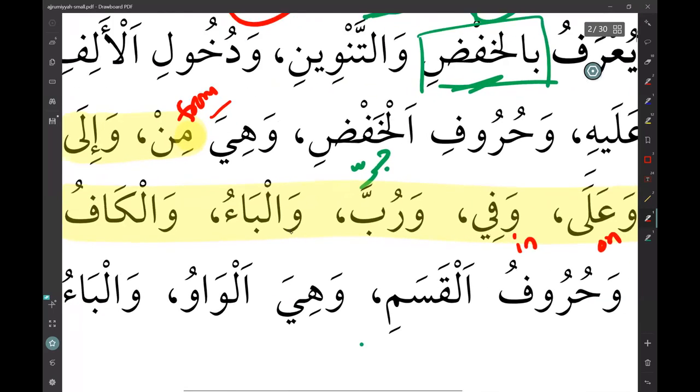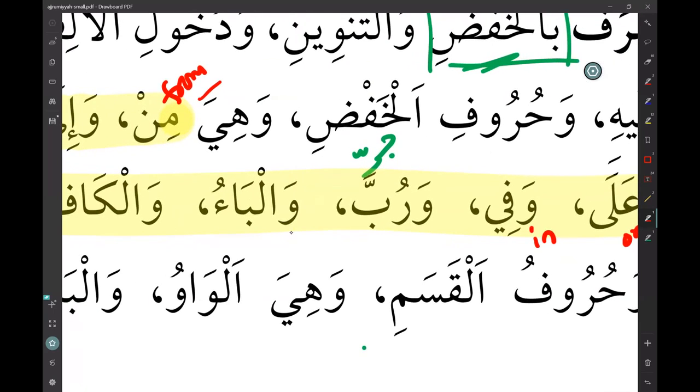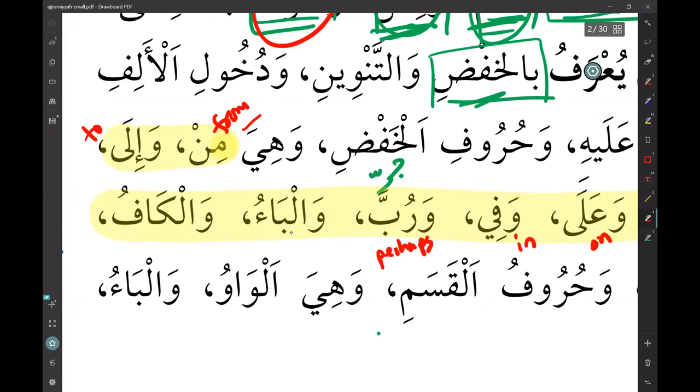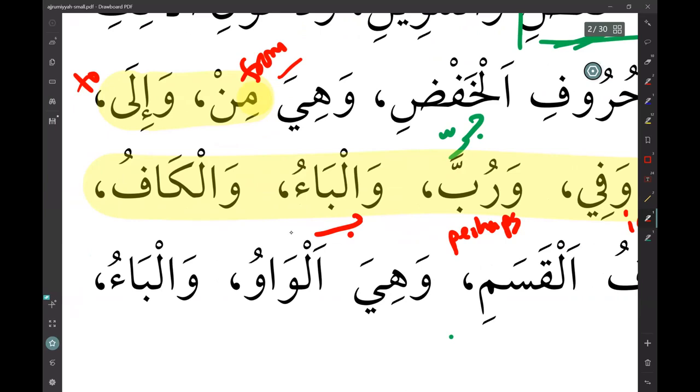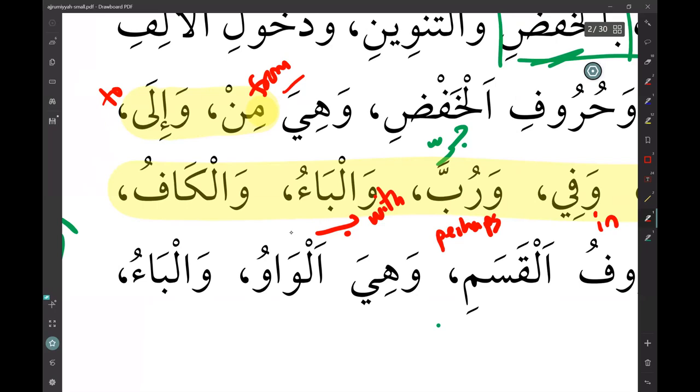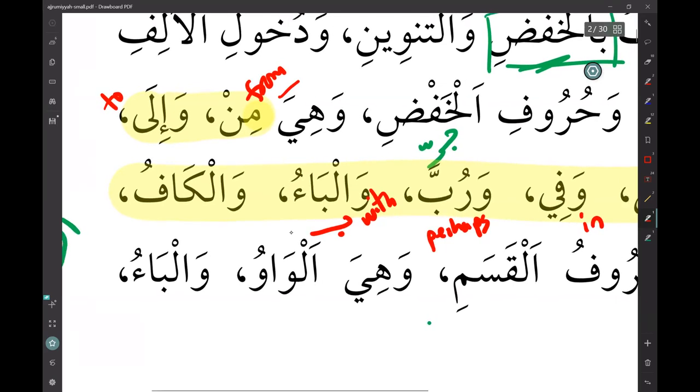And rubba, what is rubba? Anybody know what rubba is? Rubba is something like perhaps. What is ba? What does ba mean? With, yes. So ba would be with. Again, remember all of these can have many different meanings, but we're just giving you the most commonly used meaning to get started.